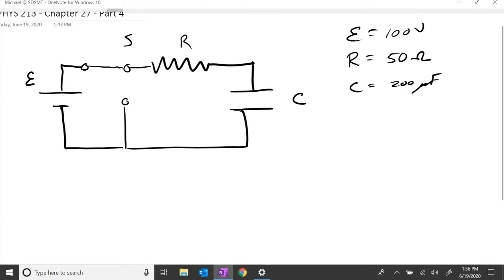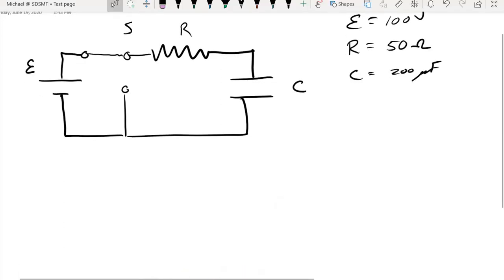So how is this circuit going to behave? If we start by having the switch open, in this scenario, we're going to assume that the capacitor currently does not have any charge on it.